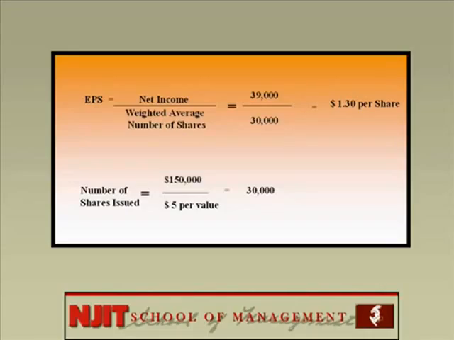Now, here are two final ratios that are very often used. They're also important ratios because each, in turn, gives you a feel for the company's strategy and investors' confidence in the company.